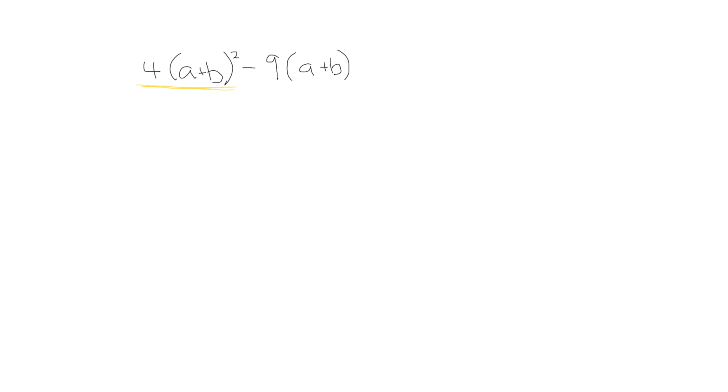There's still 2 terms, so binomial. What do these terms have in common? What do they both share, if anything? A plus b.